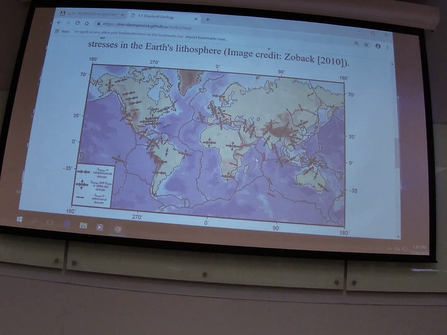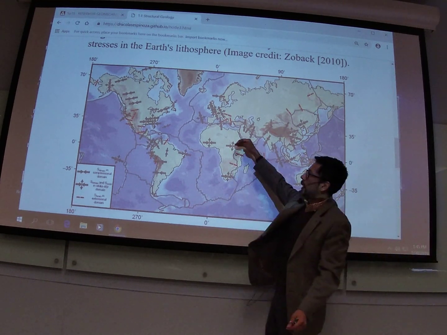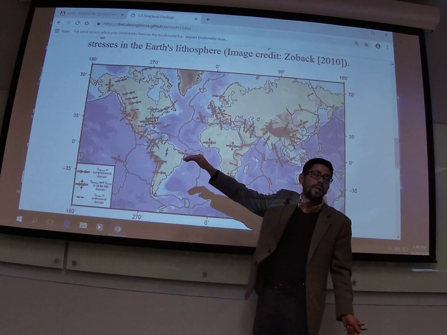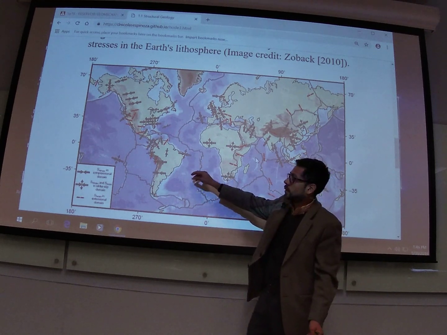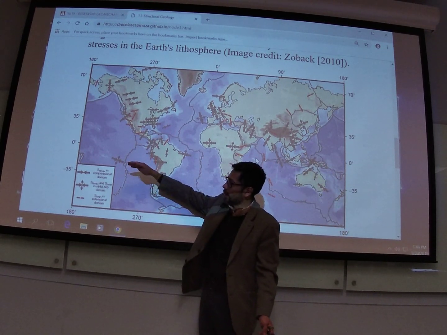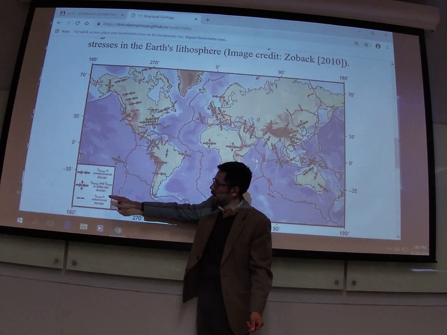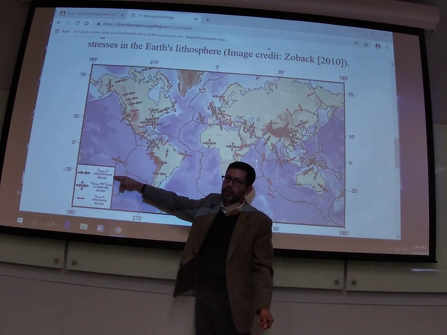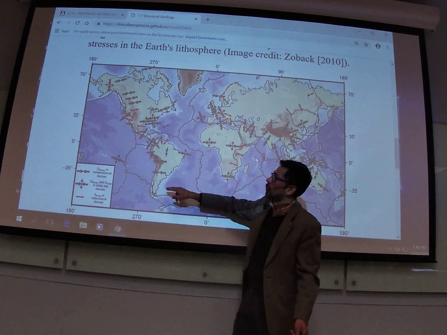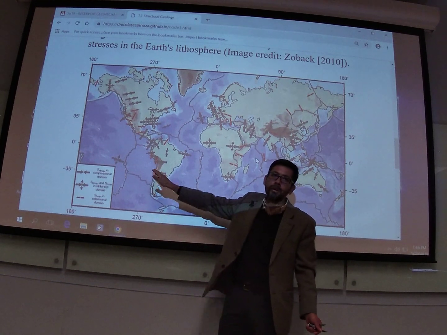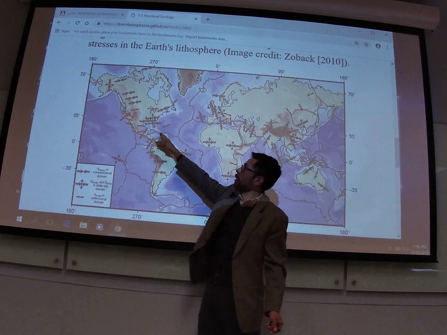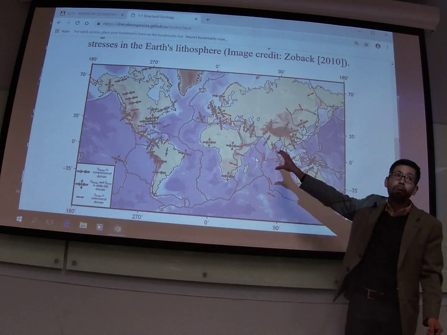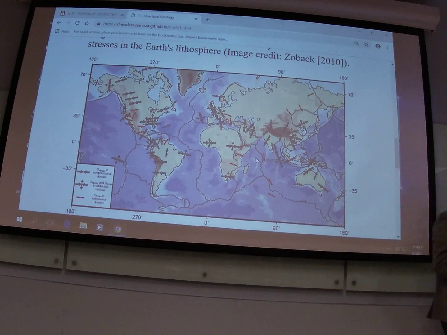Here you see a map that tells you what is the direction of maximum horizontal stress in the world. So that direction of maximum horizontal stress, and whether you are in a normal faulting regime, strike slip, or thrust regime, depends on where you are. Closer to big mountains, you get to compressional. Further away, in more passive basins, you get into extension. It depends on where you are, and also it depends on depth.